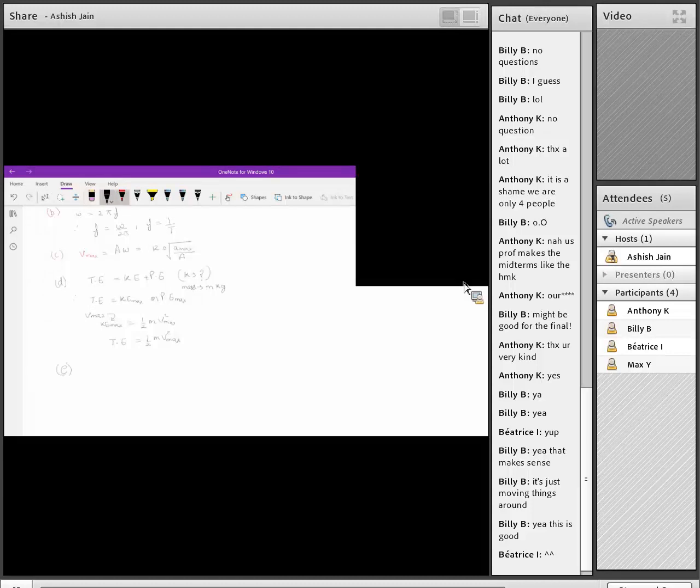Omega square is given as K by M. Then M omega square is K. You have M, you have omega square. You can substitute the value to find K. That's your spring constant.